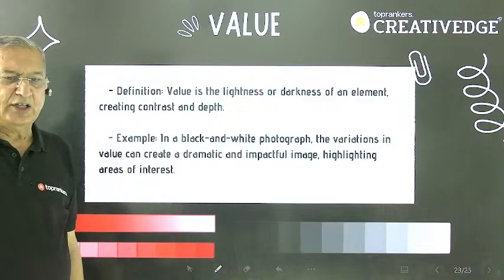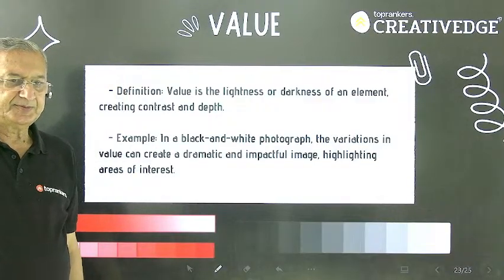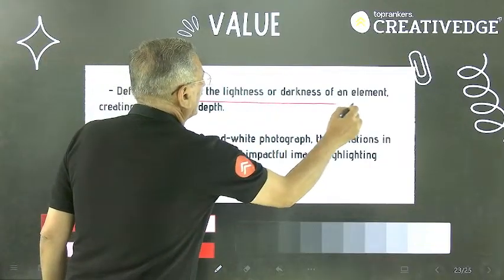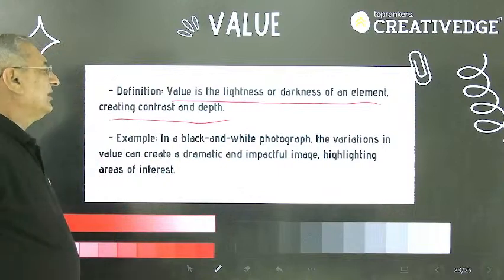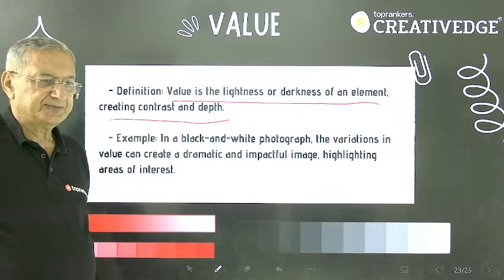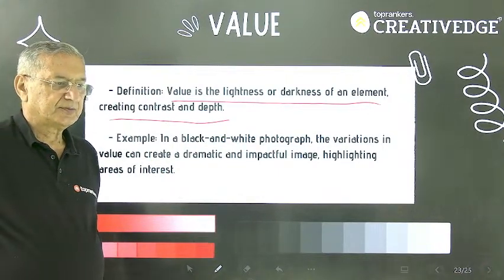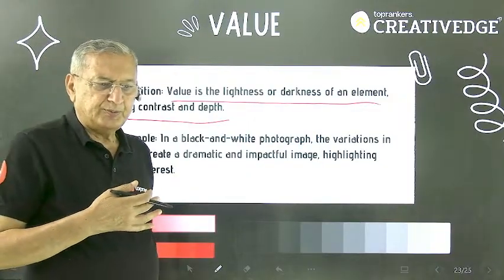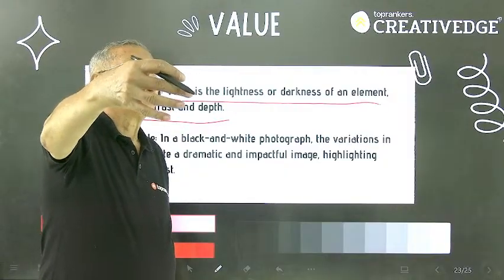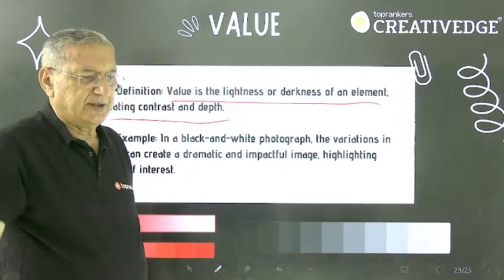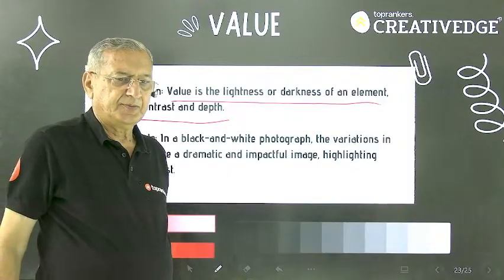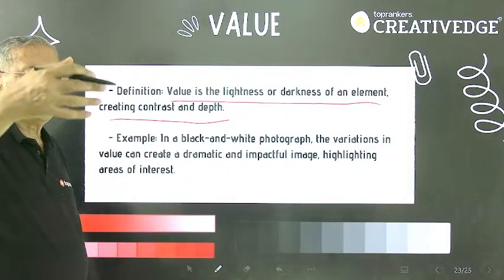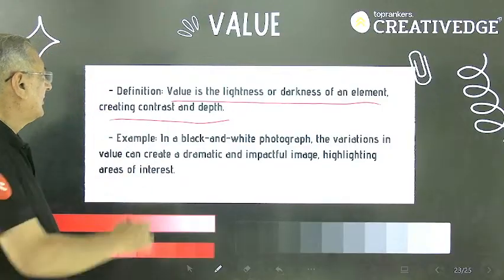Then comes value among the elements. Definition wise, value is the lightness or the darkness of an element, creating contrast and depth. Near is sharp, distant is blur or faded. Near is clear, distant is blur. Value.